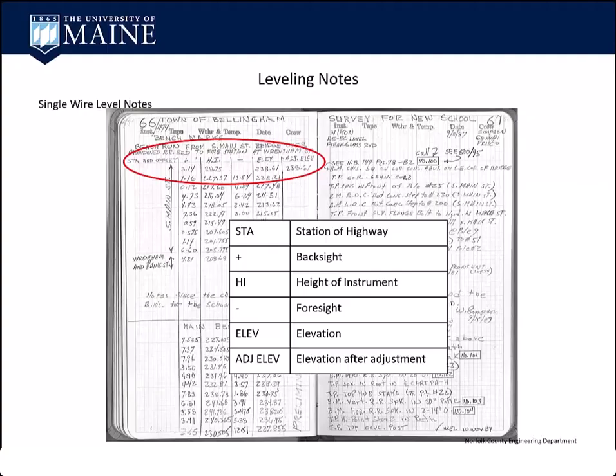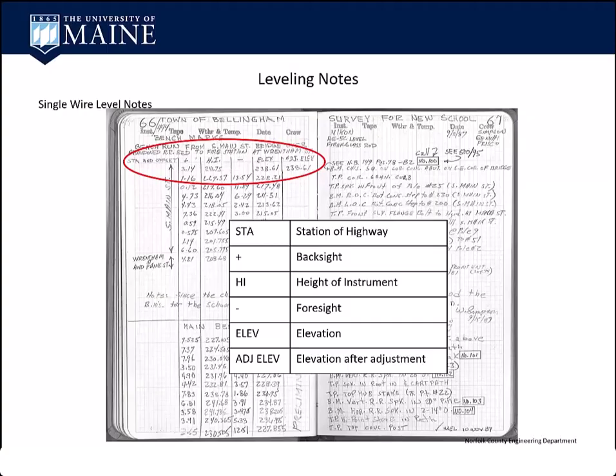So in this case, it was the engineering department I worked for, a lot of highway work, so it was defined by station and offset. So we always had station and offset on the left, and then on the other page we had room for a description. So we have typical notes plus HI minus elevation.